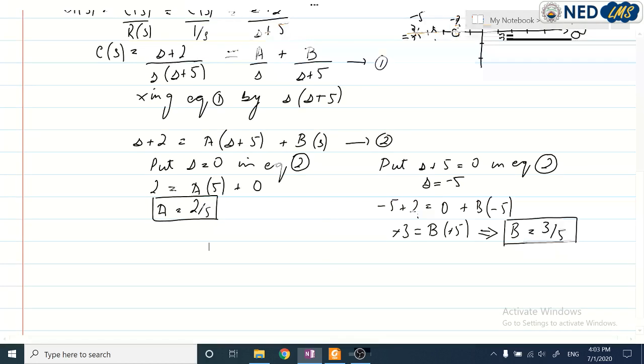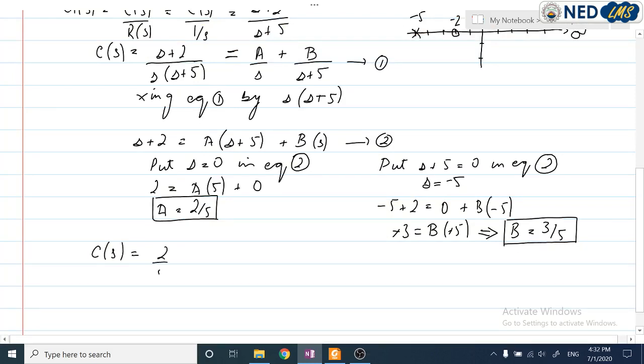By putting the values of A and B in equation 1, we will get C of s equal to 2 upon 5 upon s plus 3 upon 5 divided by s plus 5.